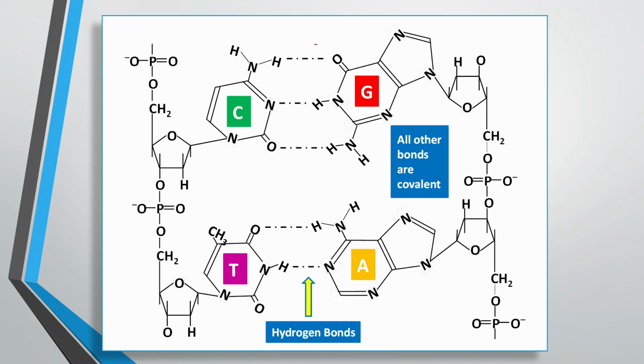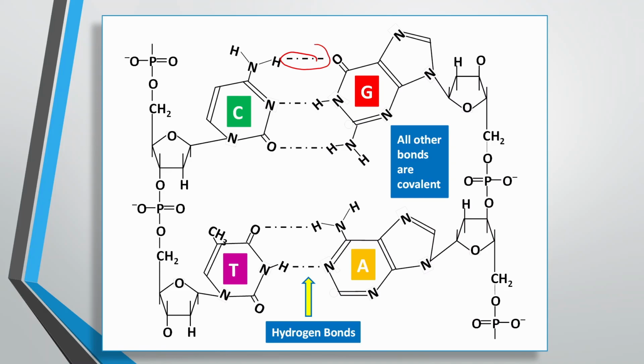And I'm showing the hydrogen bonds as those dots and dashes right there. Okay? So the base pairing happens with hydrogen bonds. And hydrogen bonds are not as strong as covalent bonds. And so remember, all the other bonds in the rest of the molecule are all covalent bonds.